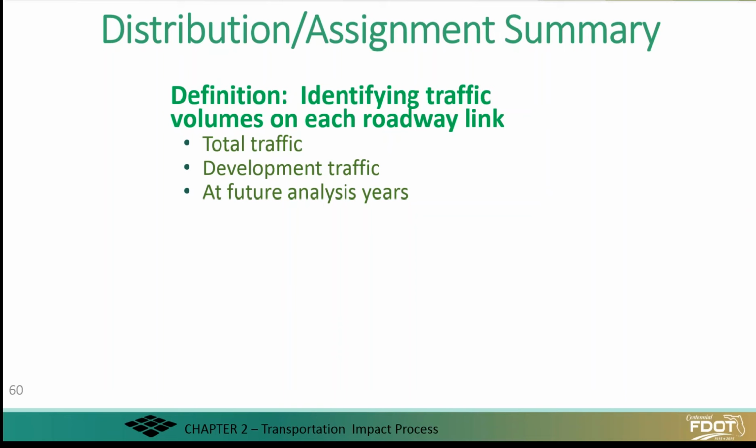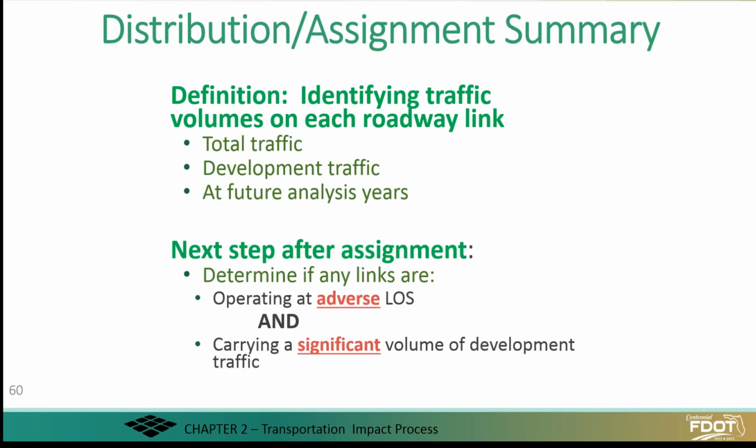Development traffic is that traffic specifically emerging from the site. It is a direct result of that trip generation, or it's what you want to capture by that trip generation, and it's specifically the traffic coming from the development. And development at future analysis years.